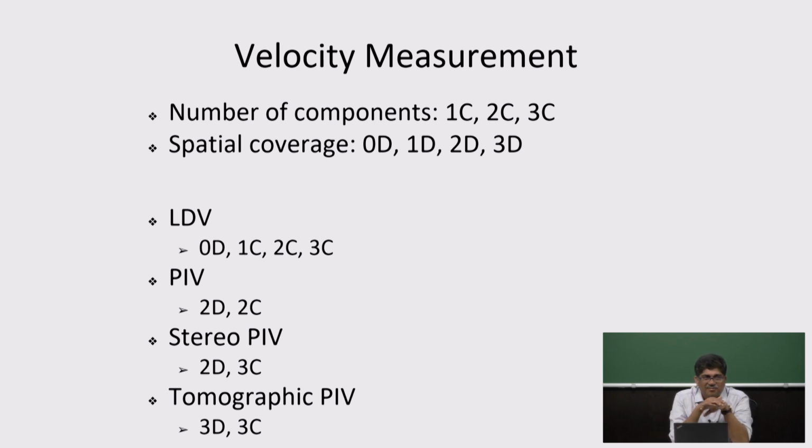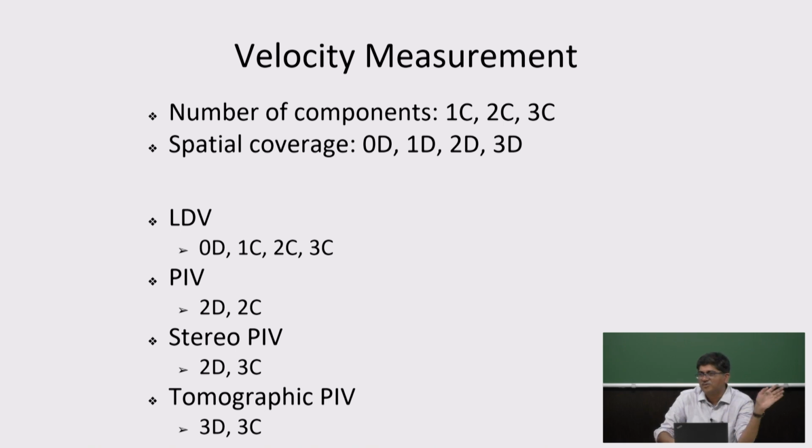One dimensional, you measure in a line, all the components; in a plane, all the components; in a volume, all the components. Mostly laser Doppler velocimetry is a point measurement, but you can get three components provided you have enough receivers, right?